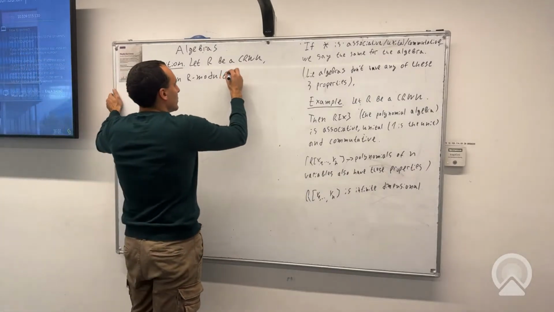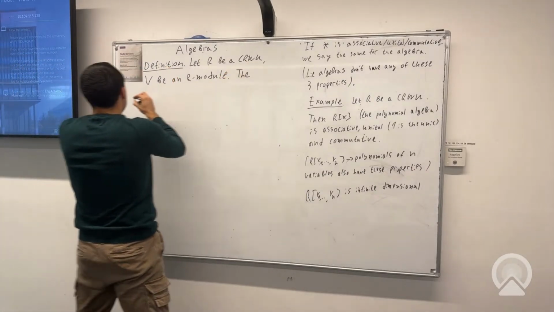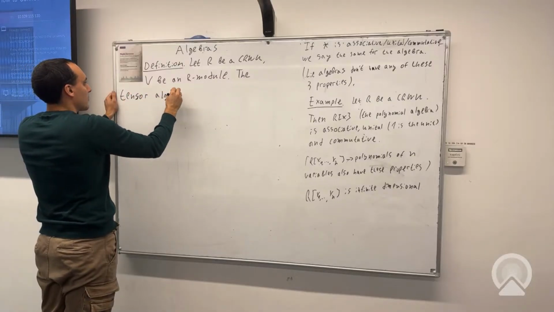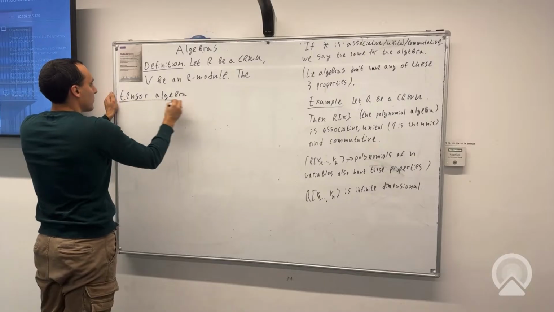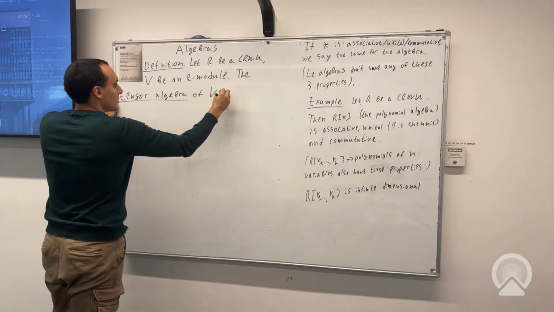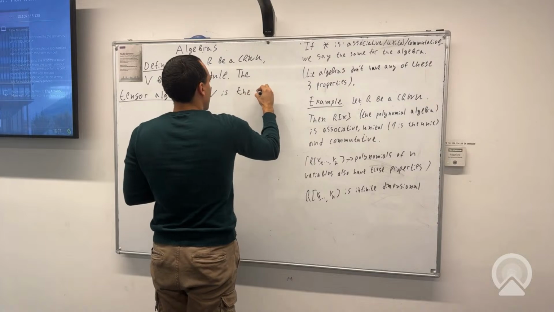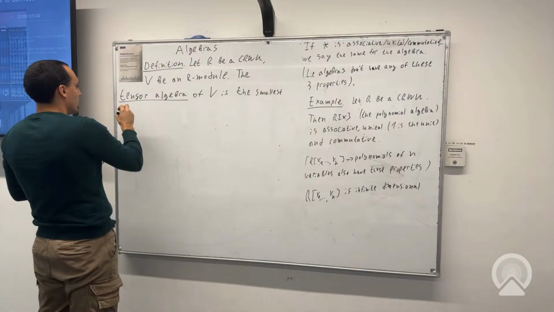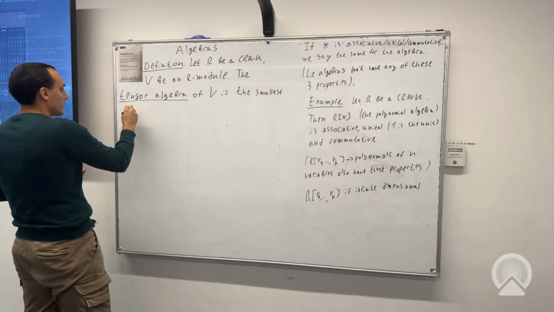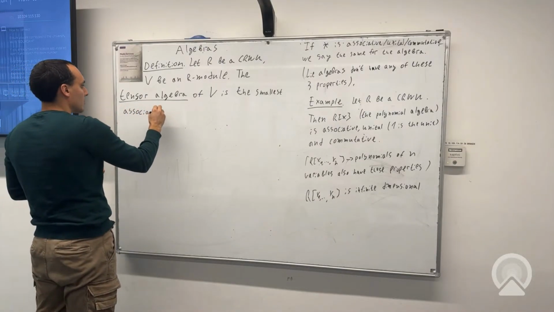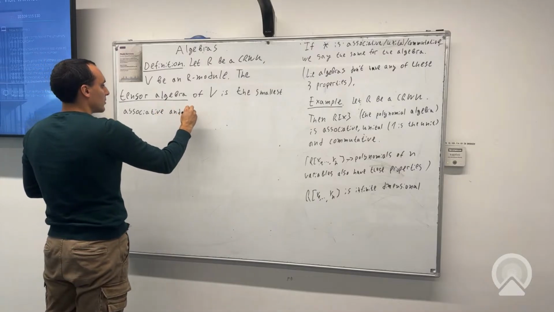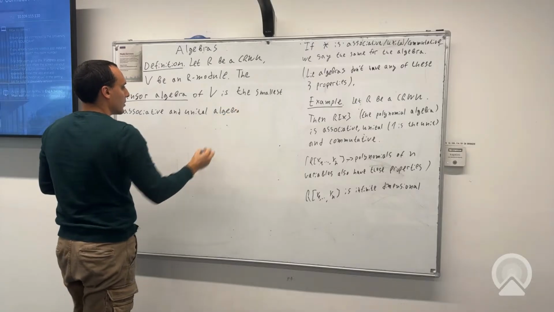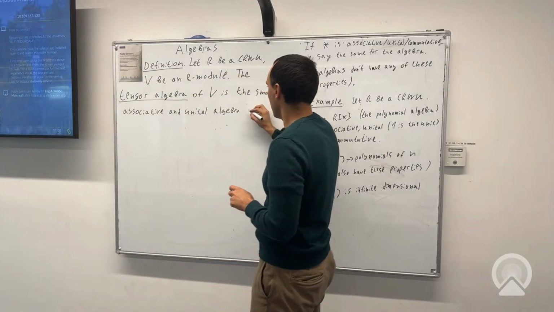The tensor algebra of V is the smallest associative and unital algebra, or also the free such algebra.